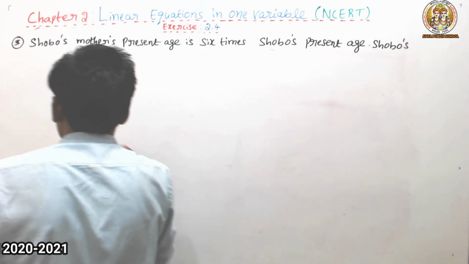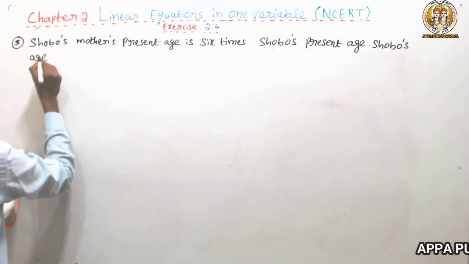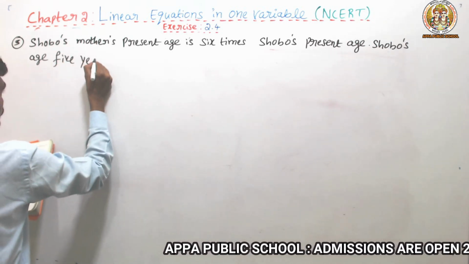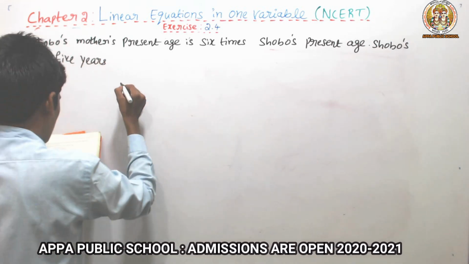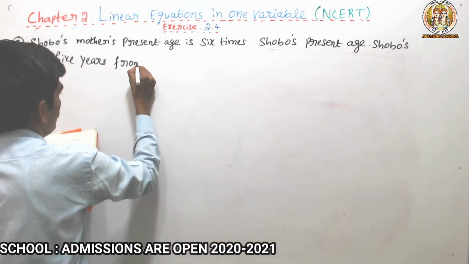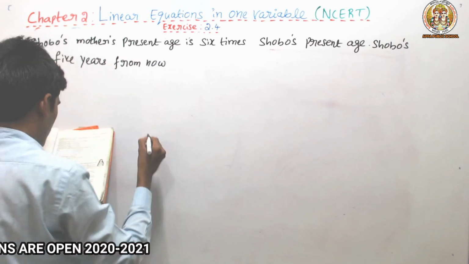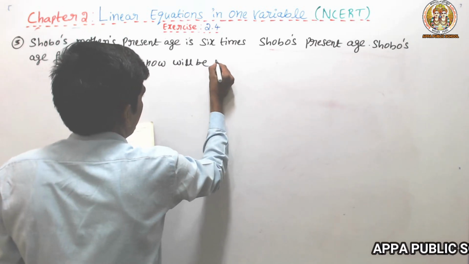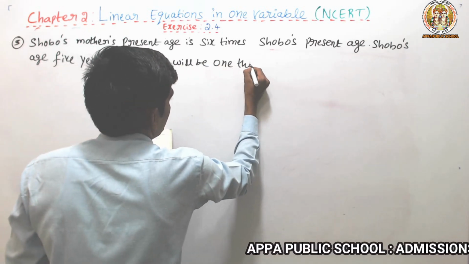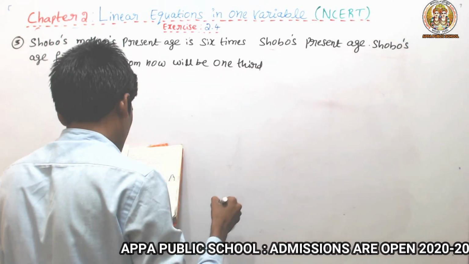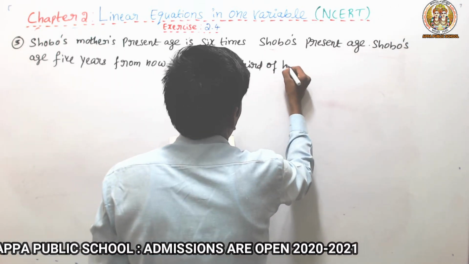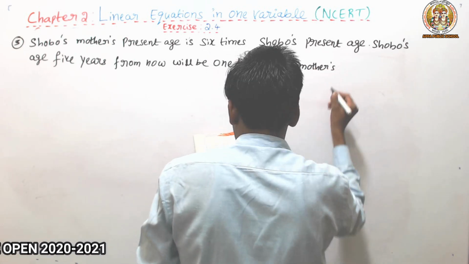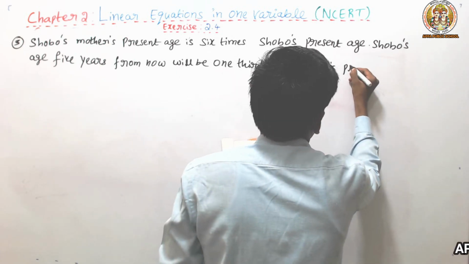Shobo's age 5 years from now will be 1/3 of his mother's present age.